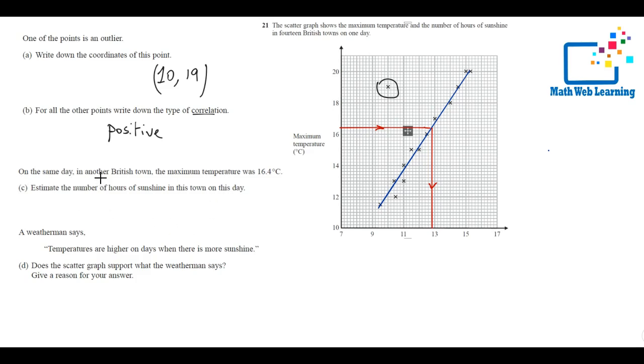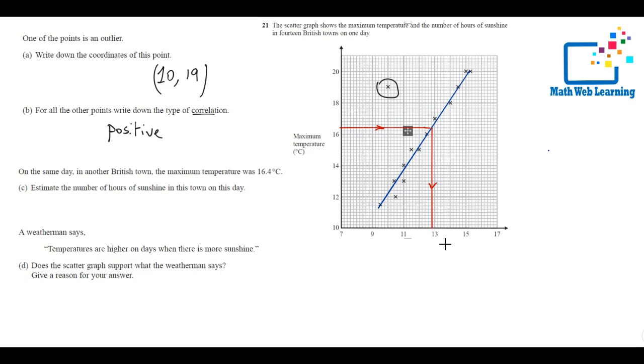Right, now on the same day in another British town, the maximum temperature was 16.4. I marked it there, you know what's coming. Estimate the number of hours of sunshine on this day. You need to be able to read the scale, mark your 16.4 and project it onto the blue line, the line of best fit, and then project it downwards.